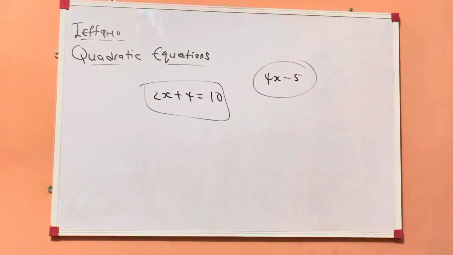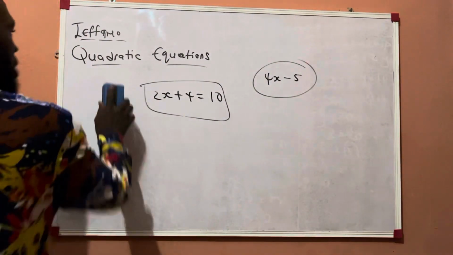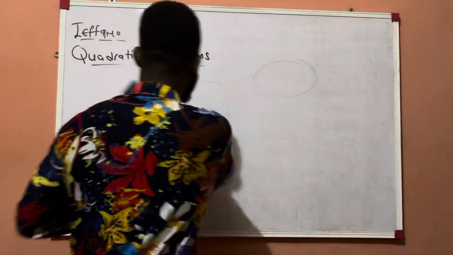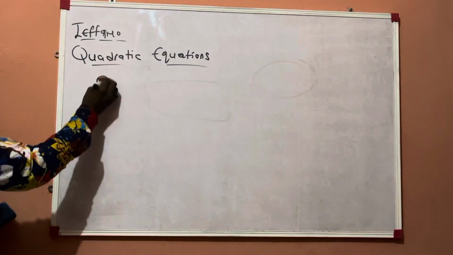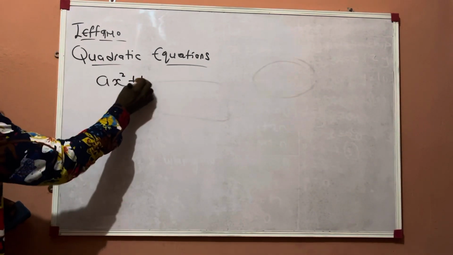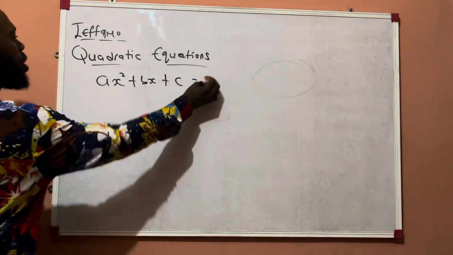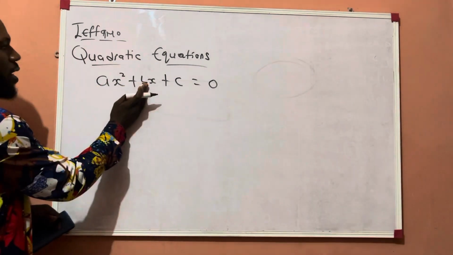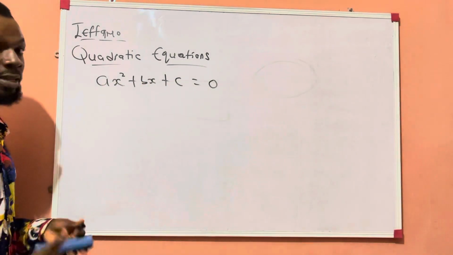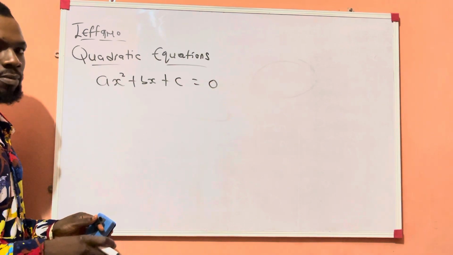Now, how do you know a quadratic equation? First of all, it takes the form ax squared plus bx plus c equals 0, where your a, your b, and your c are constants. They are representing values.